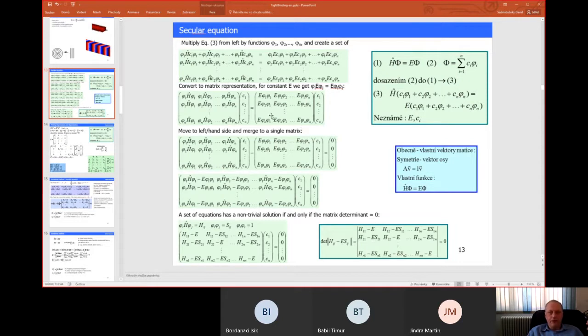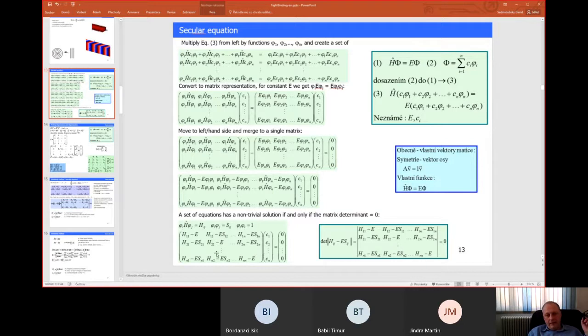Then we move this right hand side to the left, so we obtain only a zero vector on the right hand side, and we have two matrices multiplied by the eigenvectors on the left hand side, but because the eigenvectors are the same, we can extract them and we can join the two matrices together, and we end up with this form of the set of secular equations where we have these matrix elements H and S, but sometimes we neglect this S.